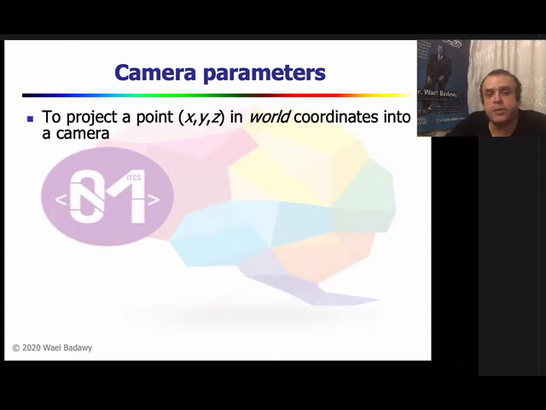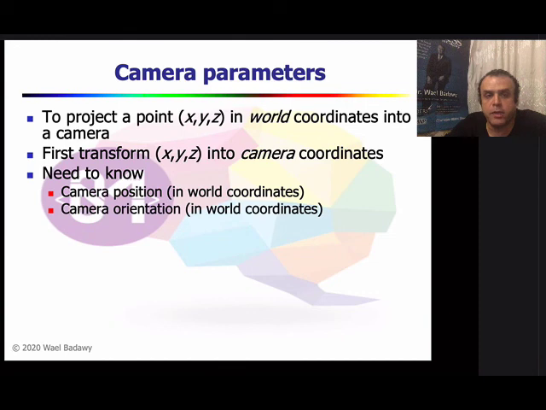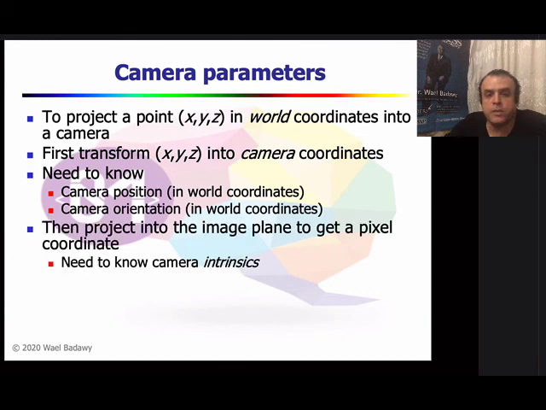So to project the points XYZ in a world coordinate of a camera, first we want to transform XYZ into the camera coordinate. We need to know the camera position, the camera orientation, and some intrinsics of the camera, like the aperture point, the lens itself, and a few other parameters.